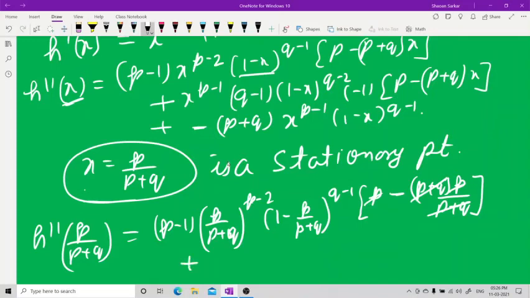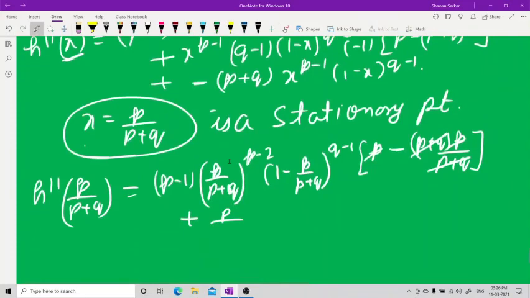Again, now check this portion. P upon P plus Q to the power of P minus 1, Q minus 1. Now this minus will come here.